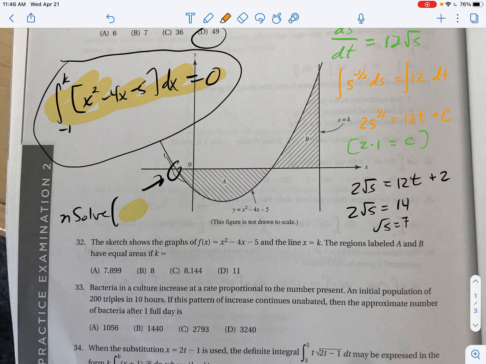Definite integral from negative 1 to k of x squared minus 4x minus 5 dx, and I'm saying that's equal to 0. So you write the equation, then comma, then the variable you're solving for, we're solving for k. Then what's optional but is helpful is you give it a range to look at.